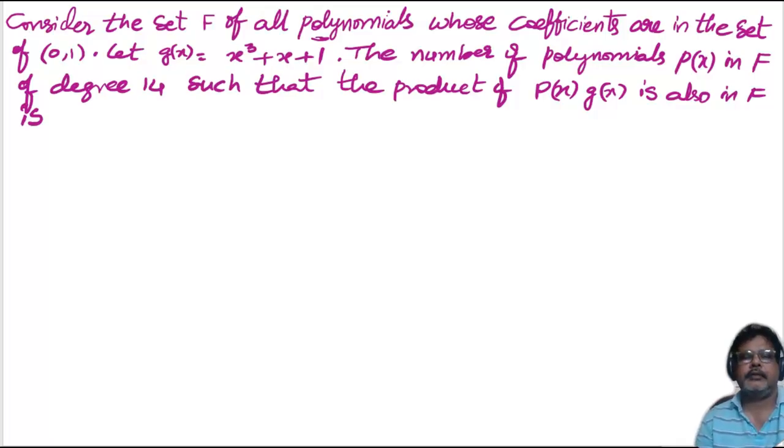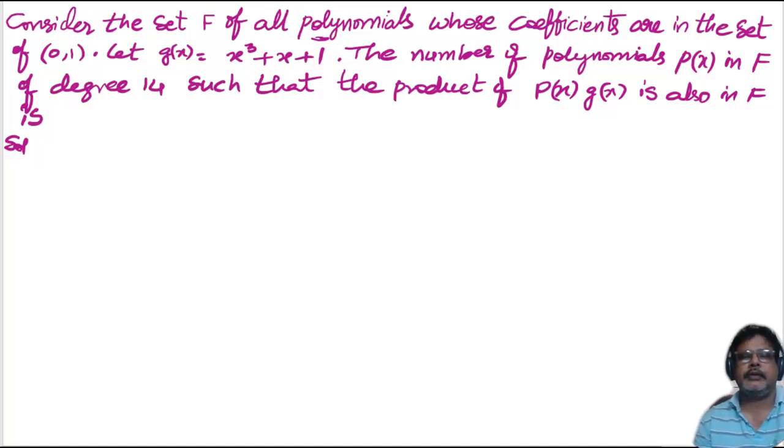So here, first of all, understanding this problem is very important. A polynomial is given whose degree is 14. We have to find the number of polynomials whose degree is 14, where the coefficients of the polynomial should be from the set {0, 1}.